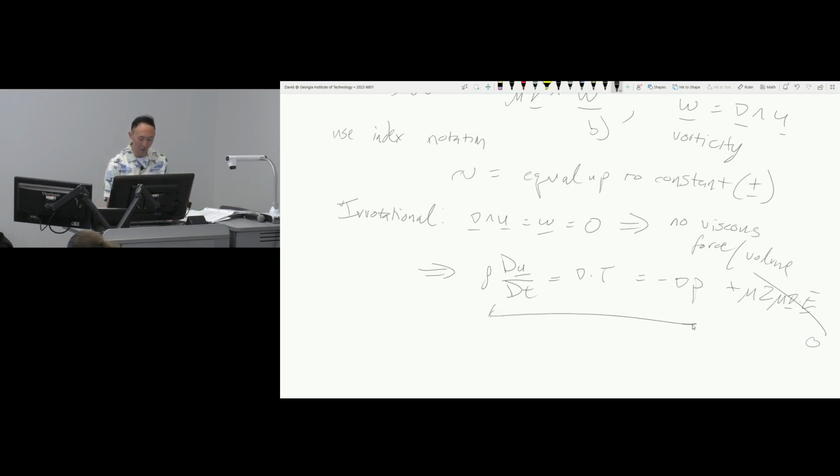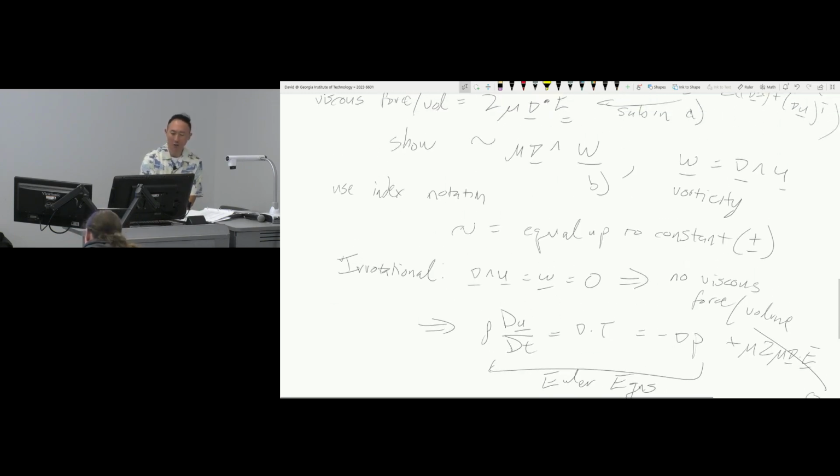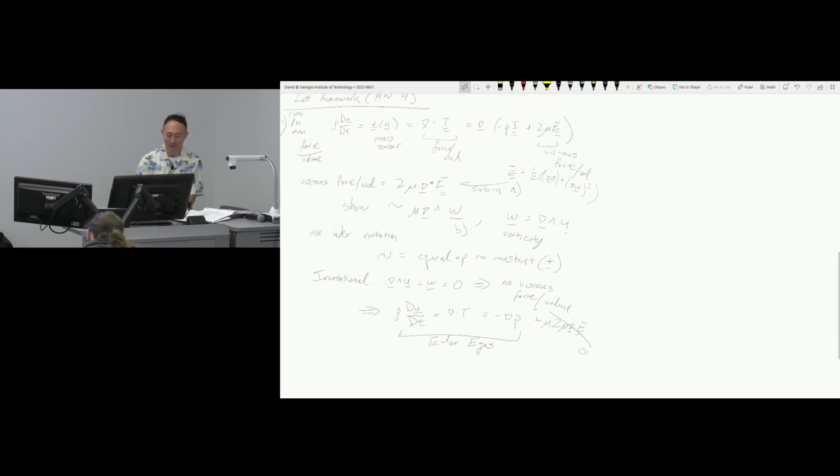This is called the Euler equations. That's what they solve over in aeroastro. They don't have any viscosity, so they consider flows that are irrotational. So that's the big picture of the problem. This last part is just for your own information. Any questions about what you have to do for number 1?